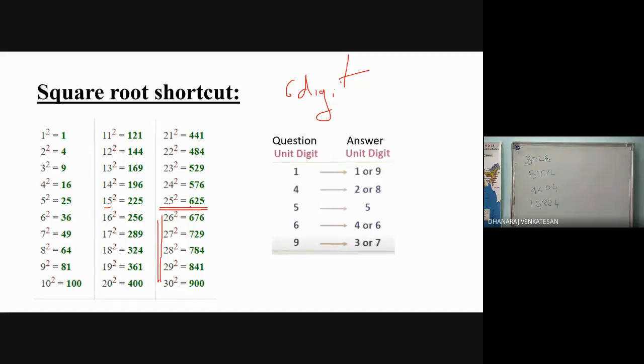Okay, next one, 9604. Yeah, absolutely right. I hope you are not using a calculator. Okay, last 5-digit number. What is the answer for that 5-digit number?